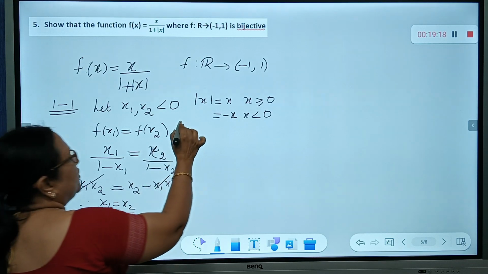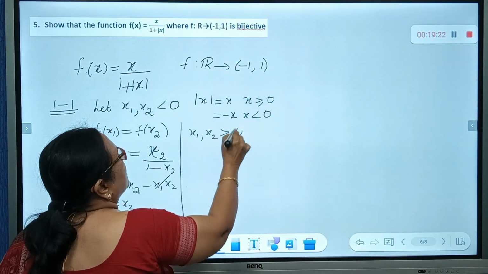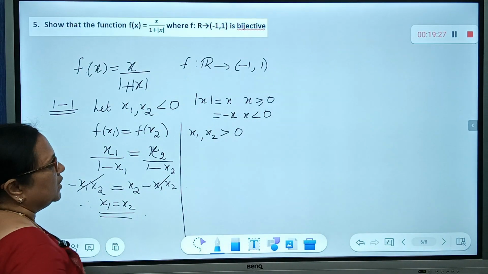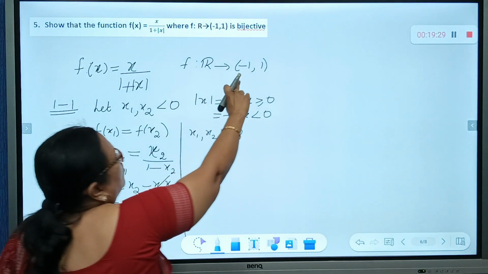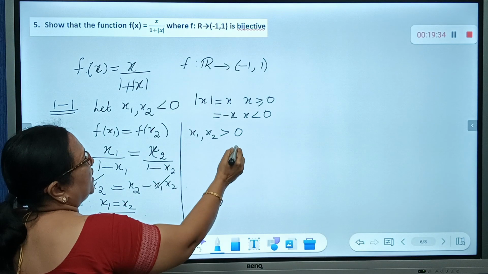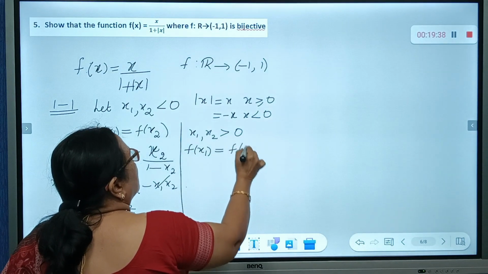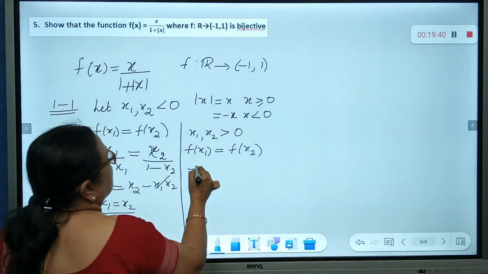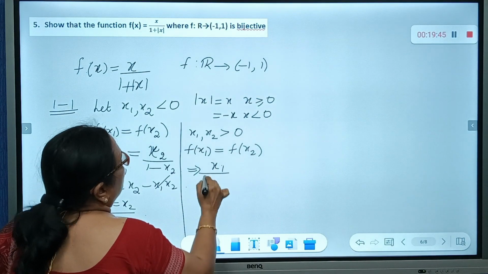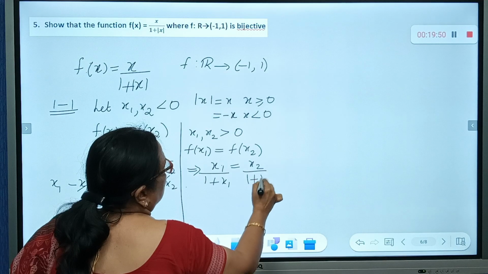Now, if both of them were positive, if x1, x2 is greater than 0, what can you say? Because we have minus 1 less than x less than 1. If x1, x2 is greater than 0, f of x1 equal to f of x2 implies x1 by 1 plus x1 equal to x2 by 1 plus x2.